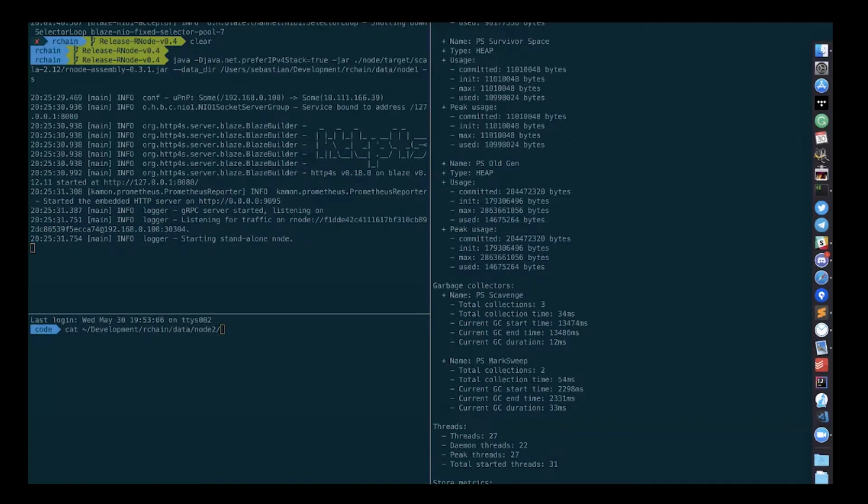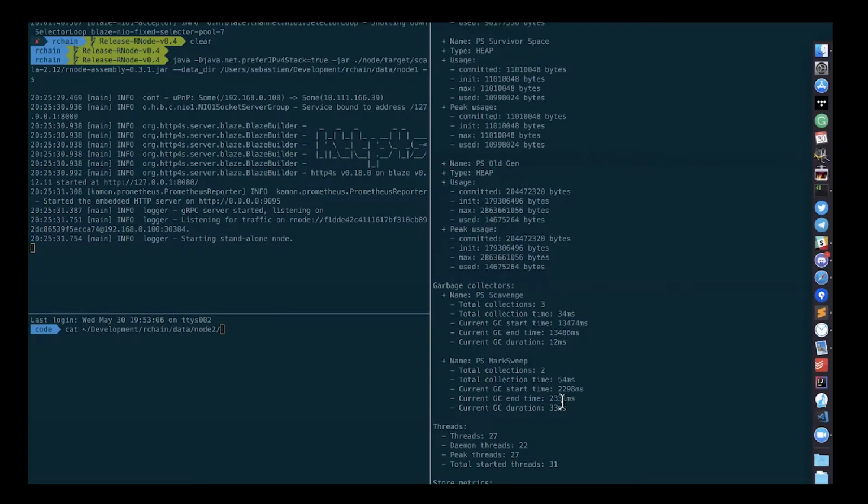We have also the store metrics. I forgot about the store metrics. We also added some store metrics, showing how much space we actually use on the disk. So you can access this over two APIs, over Prometheus and over gRPC, for integration with your systems.